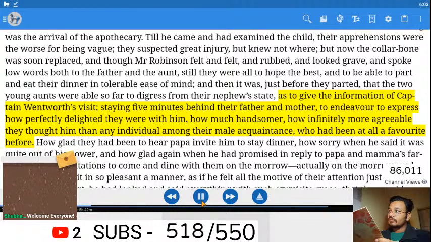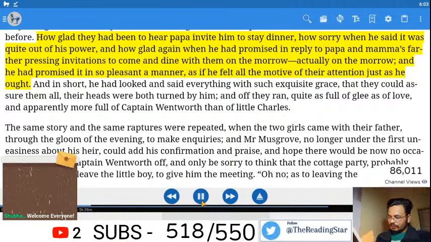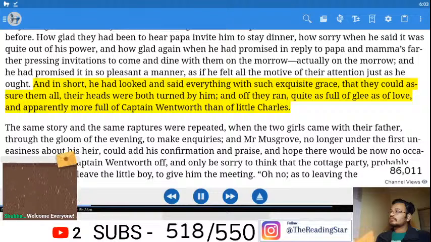How glad they had been to hear Papa invite him to stay dinner, how sorry when he said it was quite out of his power, and how glad again when he had promised in reply to Papa and Mamma's pressing invitations to come and dine with them on the morrow, actually on the morrow, and he had promised it in so pleasant a manner, as if he felt all the motive of their attention just as he ought. And in short, he had looked and said everything with such exquisite grace, that they could assure them all, their heads were both turned by him. And off they ran, quite as full of glee as of love, and apparently more full of Captain Wentworth than of little Charles.